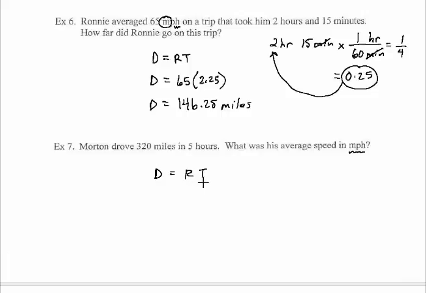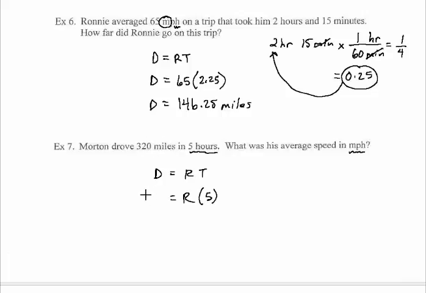If you want to, really you can just write down D equals RT and put the numbers in there. In this case, we're missing the R, so R is going to go down on the next line, and our T, here we have hours, so 5 replaces the T, and then we were given the distance this time, 320 miles. Okay, notice it doesn't say miles per hour, so this is not a rate.